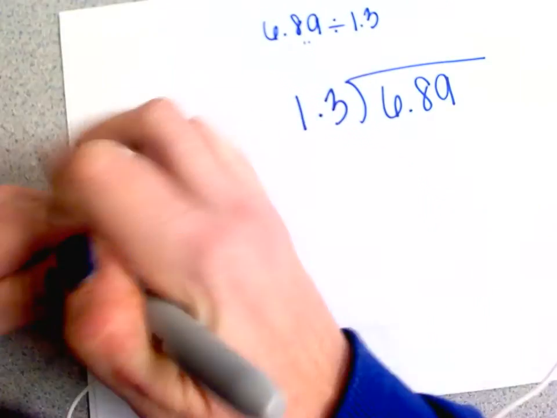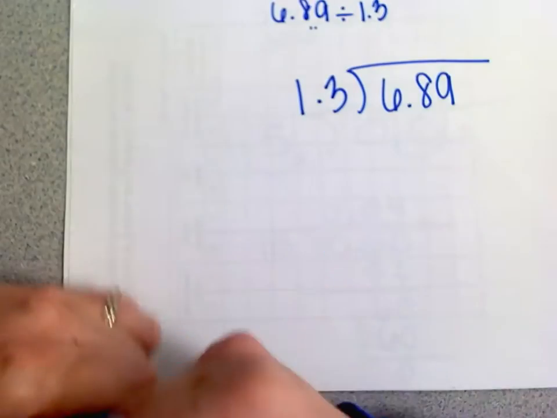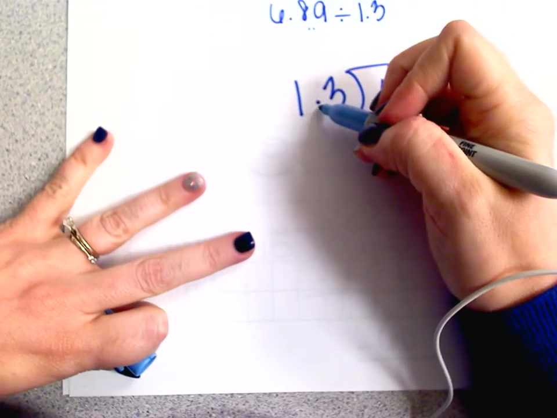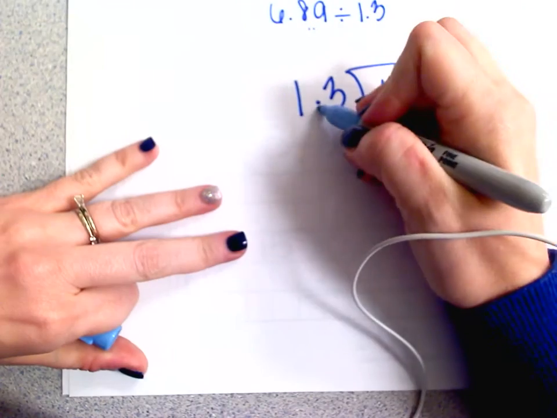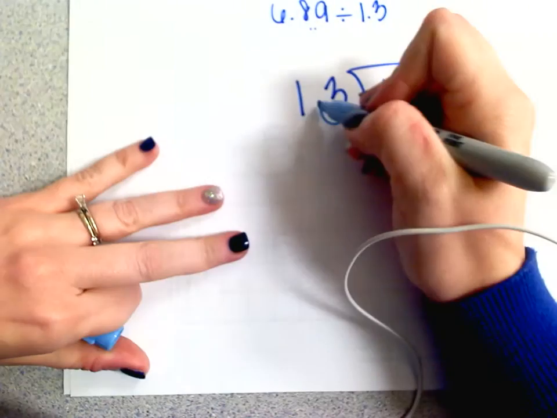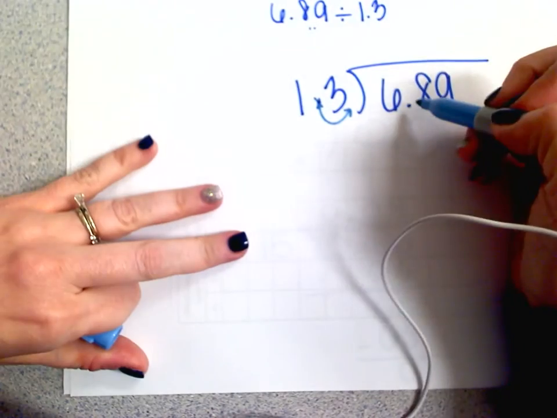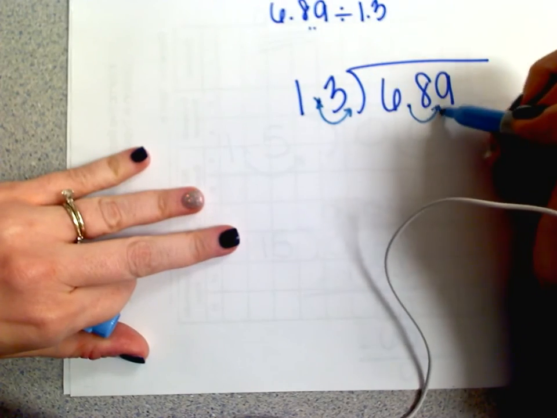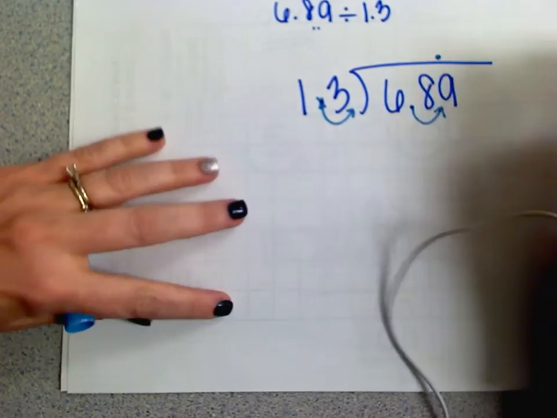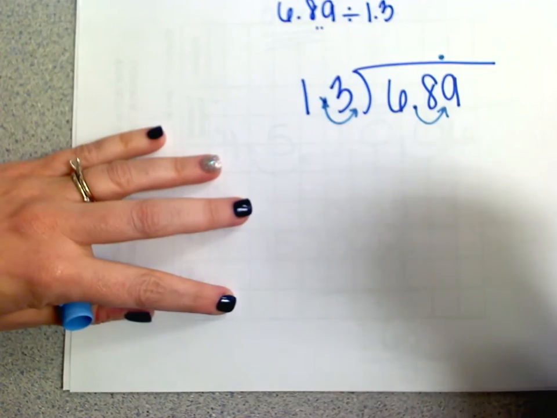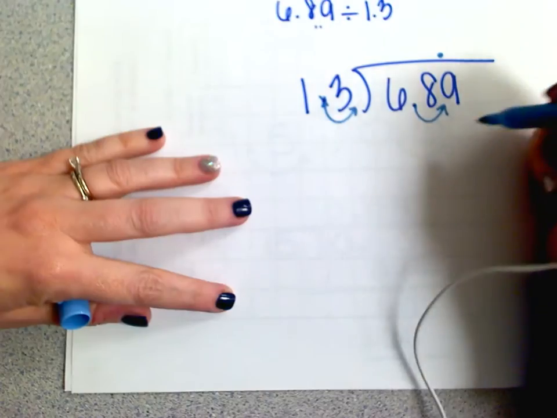All right, move the decimal. Look at the divisor. How many moves is it going to take to get that decimal to the end? 1, right? Just 1 hop. So there it goes. And that means we're going to do 1 hop in this number. So 1 hop, move it over, put it on top. We're ready to roll.